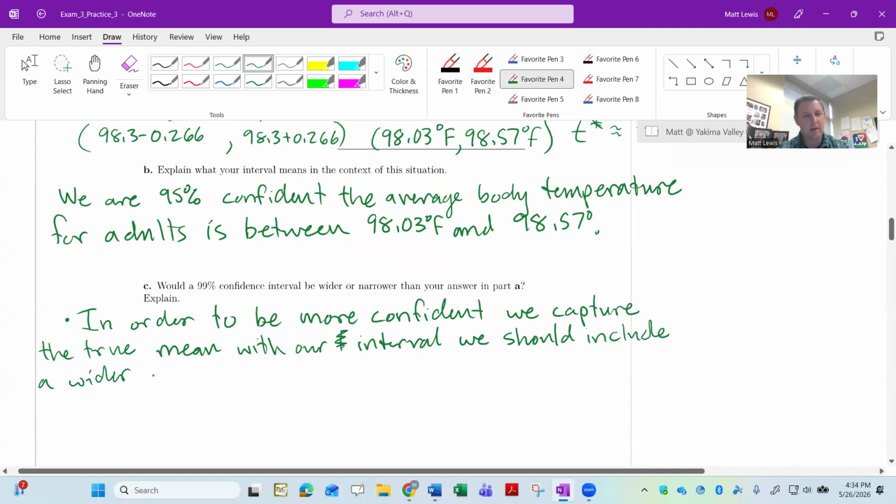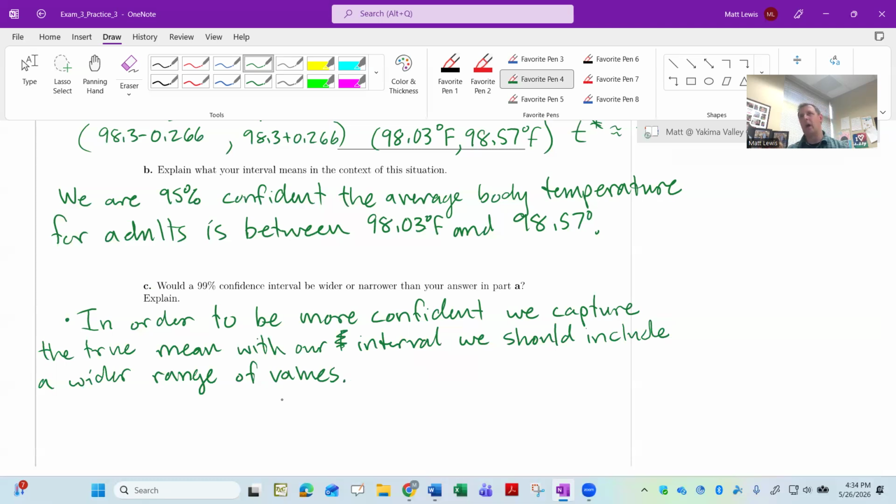Makes sense, right? It's kind of like the idea that I have discussed in the videos and things, that if you want to be more sure you catch a fish, throw out a wider net.